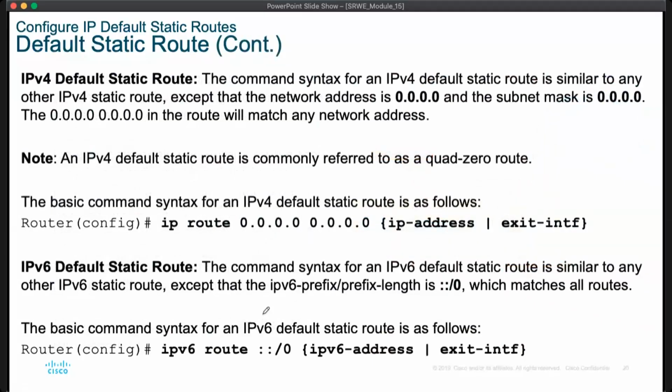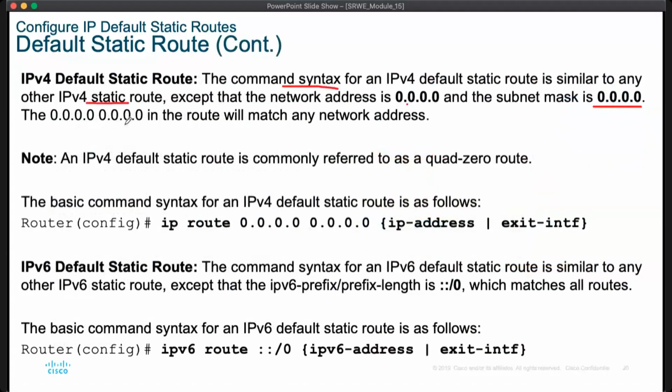The common syntax for an IPv4 default static route is similar to any IPv4 static route, except the network address is 0.0.0.0 and the subnet mask is also 0.0.0.0.